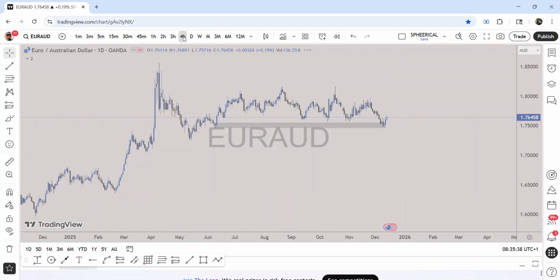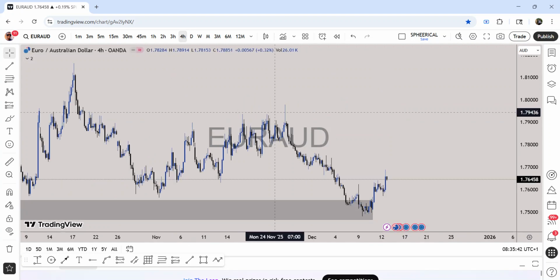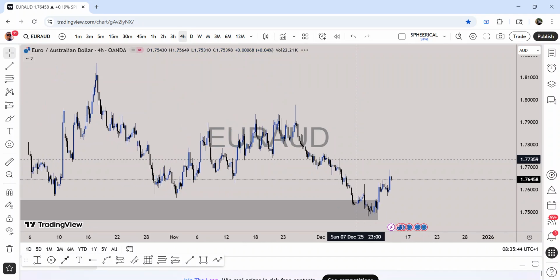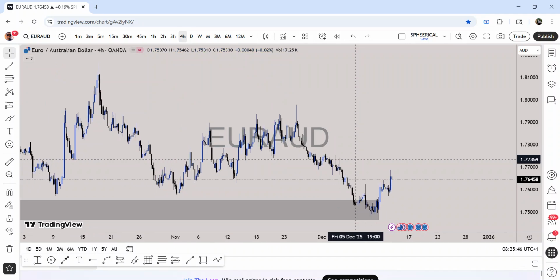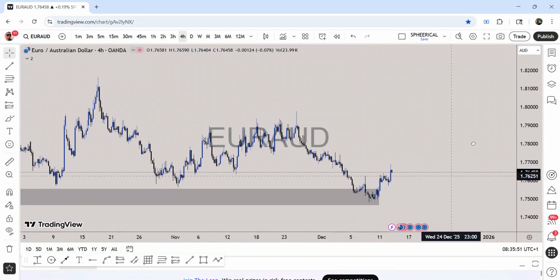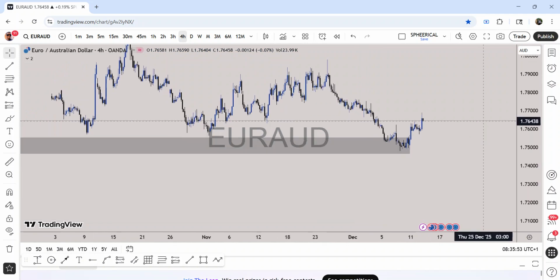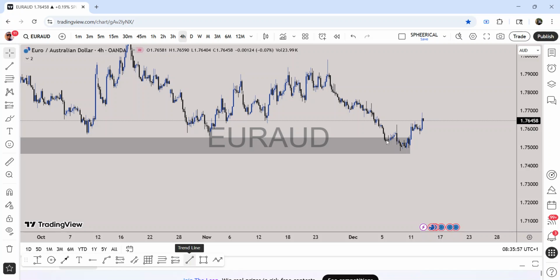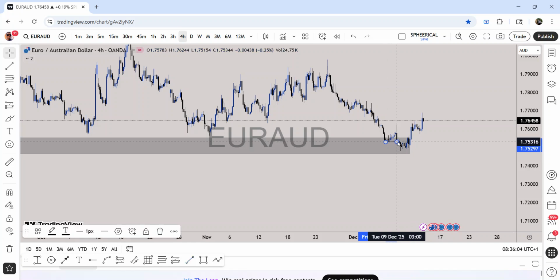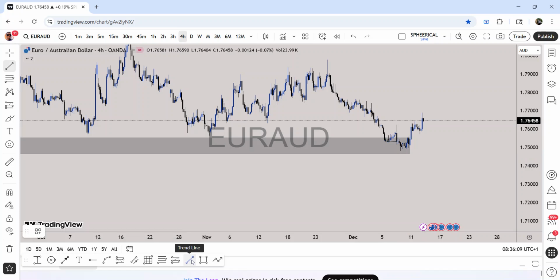So let's just go to 4 hours and confirm if the market has changed character. If the market has changed character, then we will find our entry point and our exit point. Looking here, you see that this market has already given us a change of character. This is the previous low, and the market has already swept that previous low.